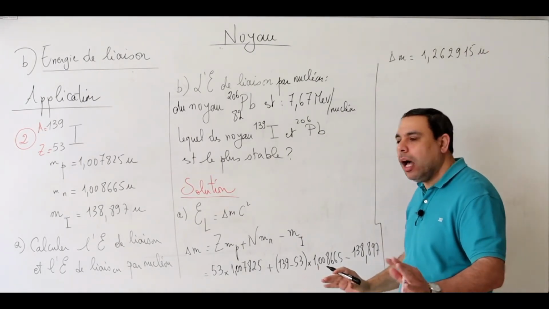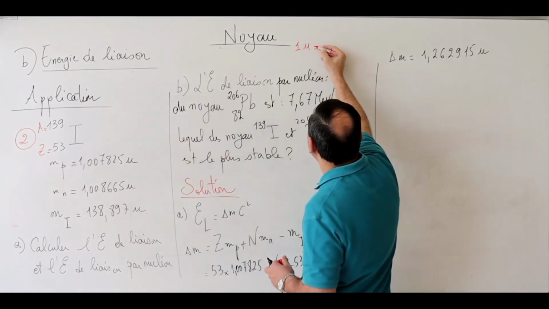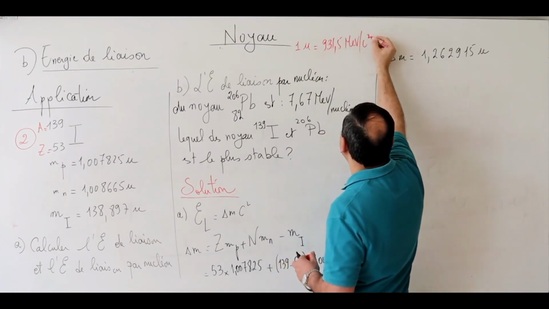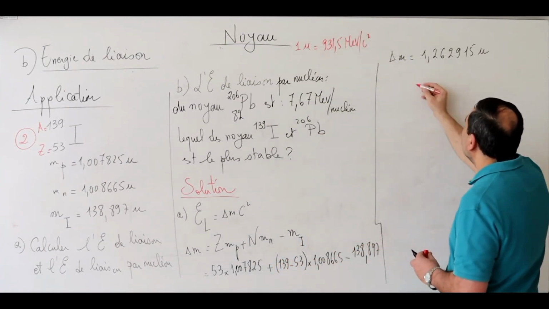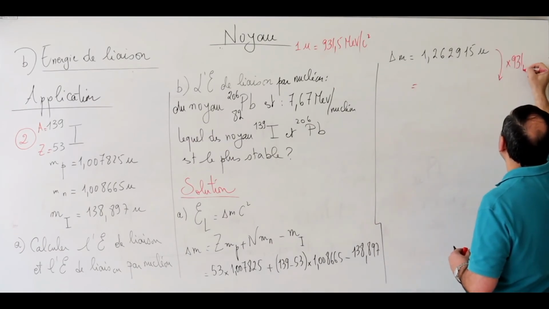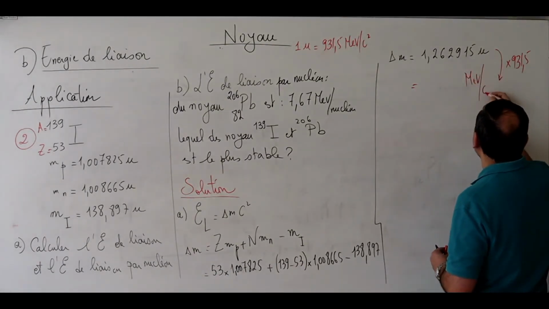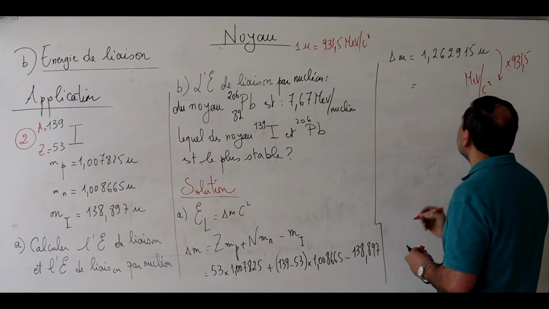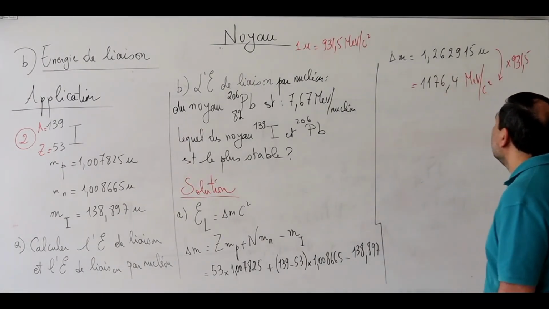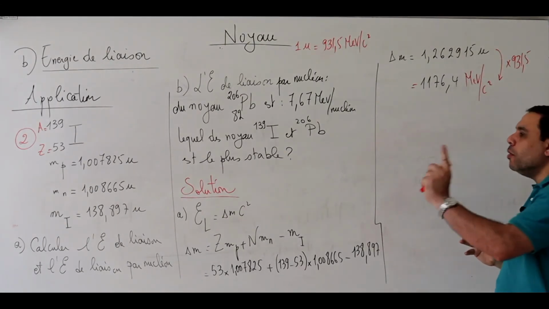Convert this value into mega electron volts per c squared. 1 U equals 931.5 mega electron volts per c squared. So we multiply by 931.5. So we get 1176.4 mega electron volts per c squared. This is the mass defect of the iodine nucleus.